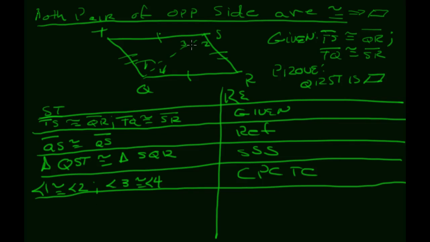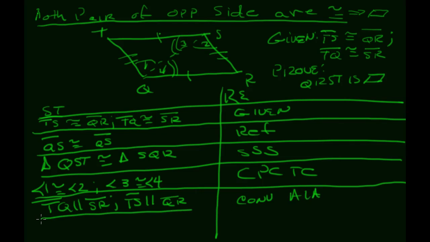If 1 and 2 are congruent, that means that TQ is parallel to SR. If 3 and 4 are congruent, that means that TS is parallel to QR, and that's by the converse of the alternate interior angles theorem.